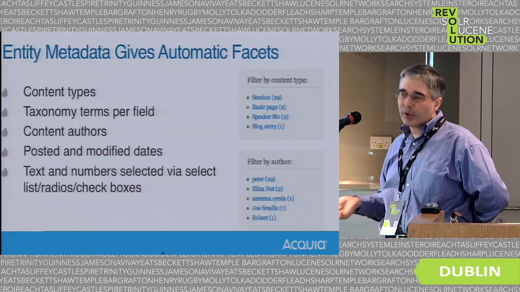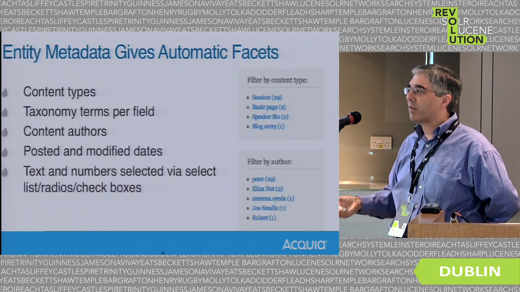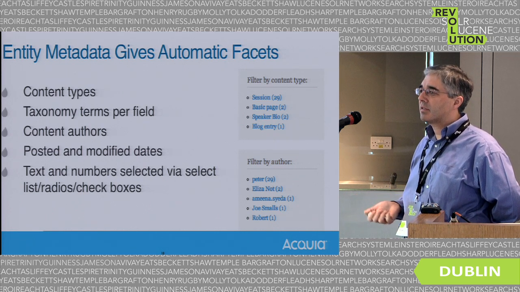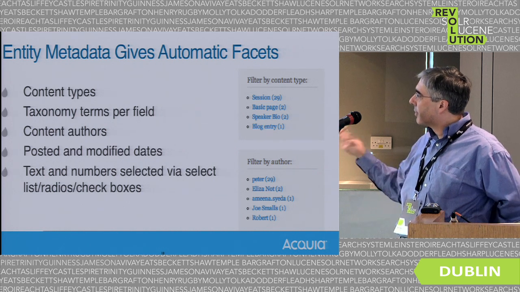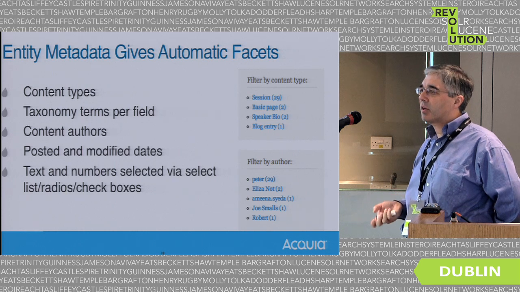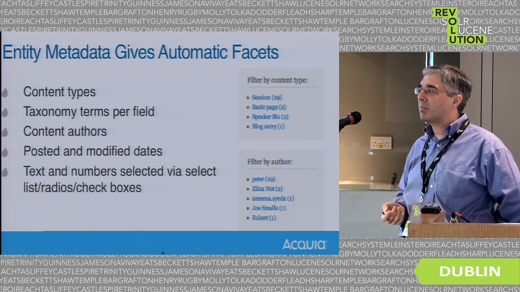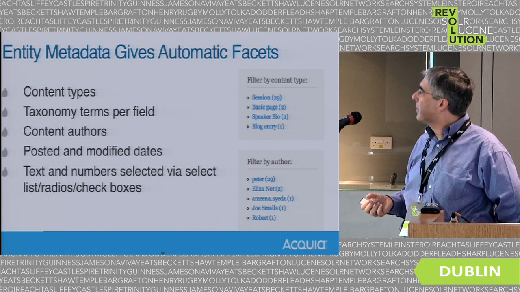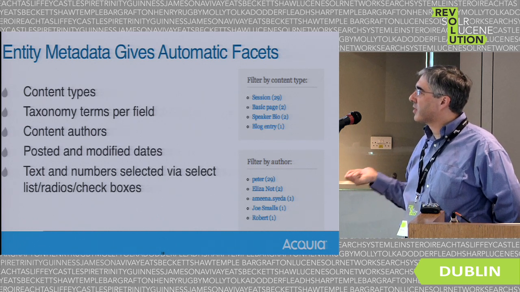A further advantage of Drupal knowing about all these data fields is that we can use them to provide you with automatic facets. Some of the standard facets that you get out of the box are faceting by content type and by taxonomy terms. Drupal has a very powerful taxonomy system. You can associate one or more taxonomies with each content type. You can facet by author and facet by date.